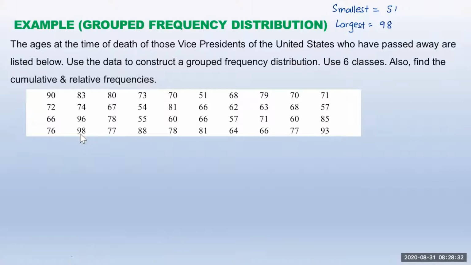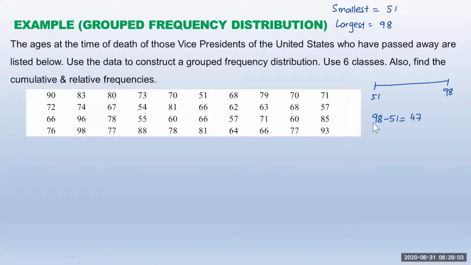In order to construct the grouped frequency distribution, we need them. It means we have data values ranging from 51 years through 98 years. That is the range. To find the range or the difference, it is 98 minus 51, which is 47.